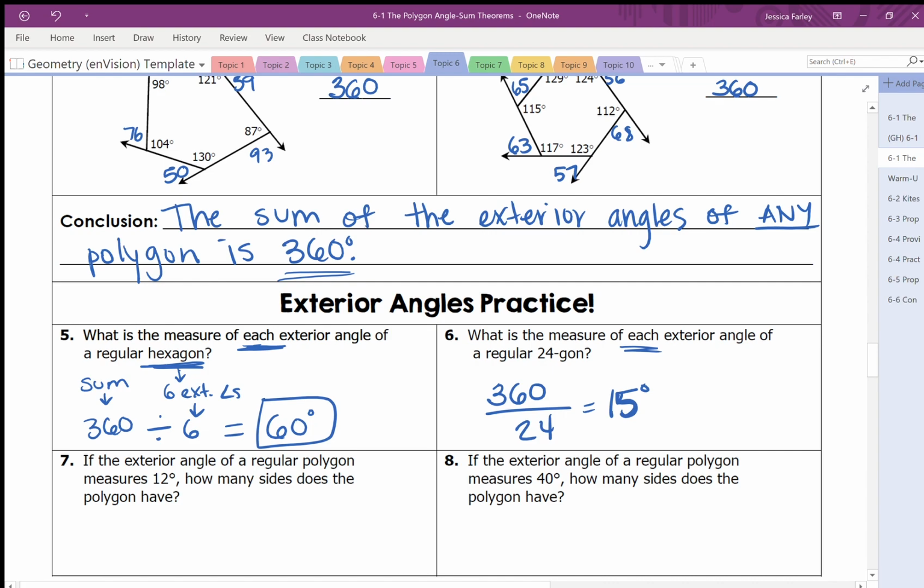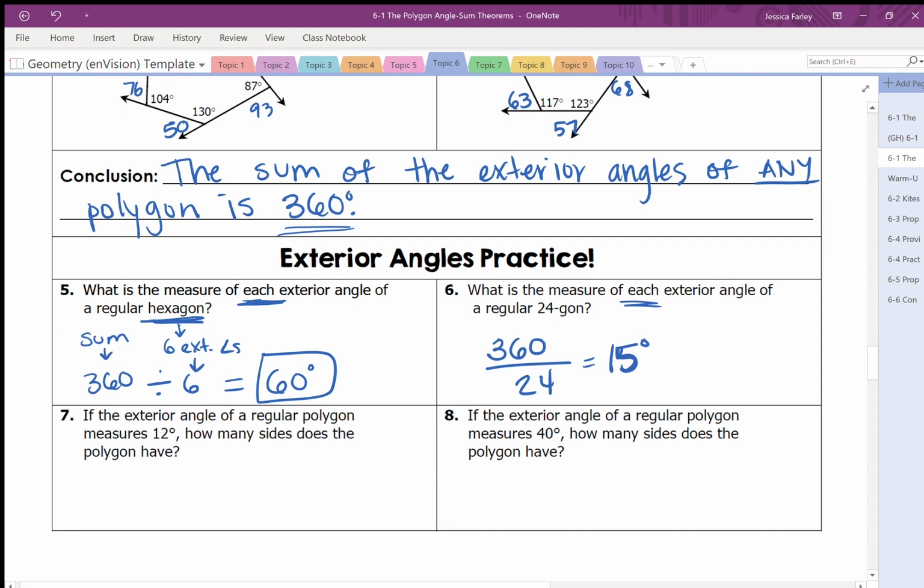So if the exterior angle of any regular polygon measures 12, how many sides does the polygon have? So you're thinking to yourself, well, 12 times how many of those angles is 360? To find that missing number, you take 360 divided by 12, which is 30.